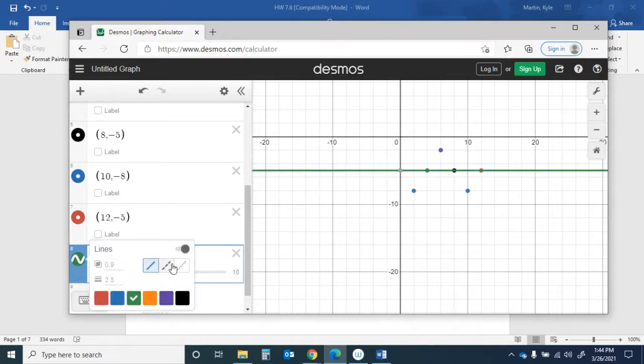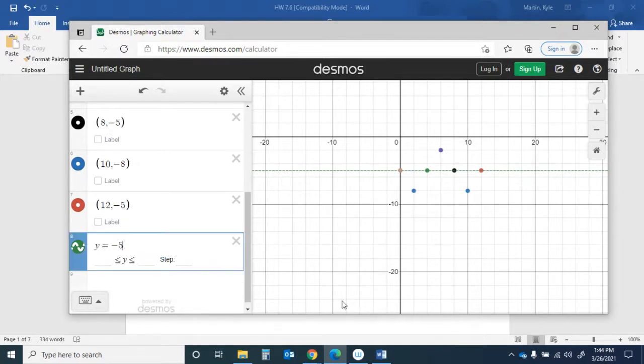Yeah, hold it down. Make that a dotted line. It's too many dots. So maybe we can make it thinner. I don't know, 1. Then let's go with that, that looks prettier. All right, so there's our midline.